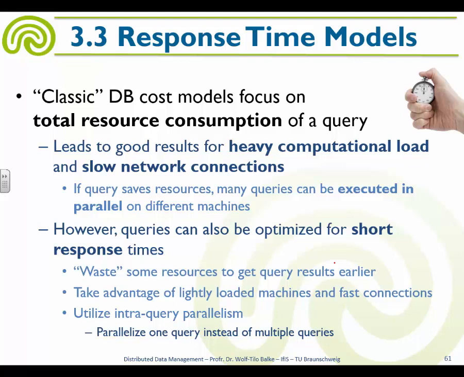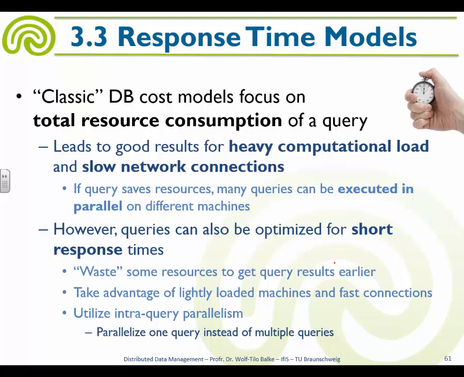Because every disk access costs time to allocate the reading head, then the time that you need to read the data, and then the time that you need to put the data into main memory, to ship the data to main memory, right? So the cost model of the query processing is how many of those data accesses do you need, right? And how long does it take, right? So it's usually kind of time-based.